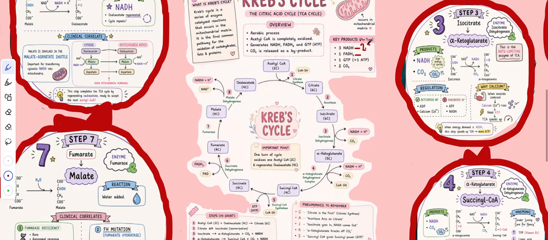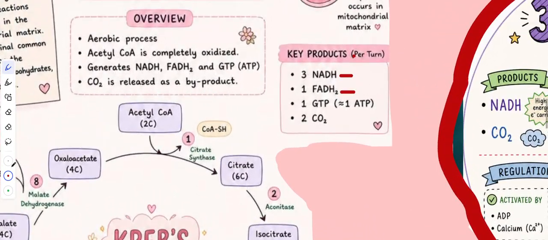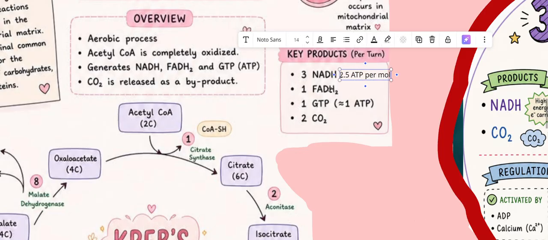per molecule, right? So every NADH is basically 2.5 ATP per molecule, right?